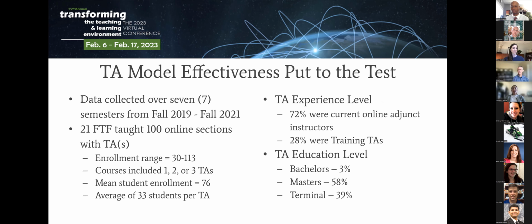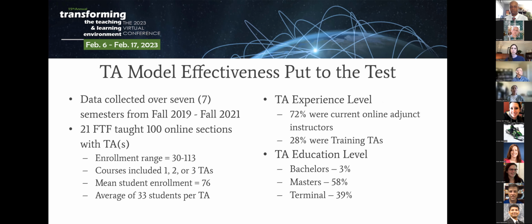So our institution examined our TA model in online courses by collecting data over 7 semesters between fall of 2019 and fall of 2021. With the help of TAs in each of the courses, 21 of our full-time faculty from different disciplines in both undergraduate and graduate courses taught a total of about 100 asynchronous online sections.